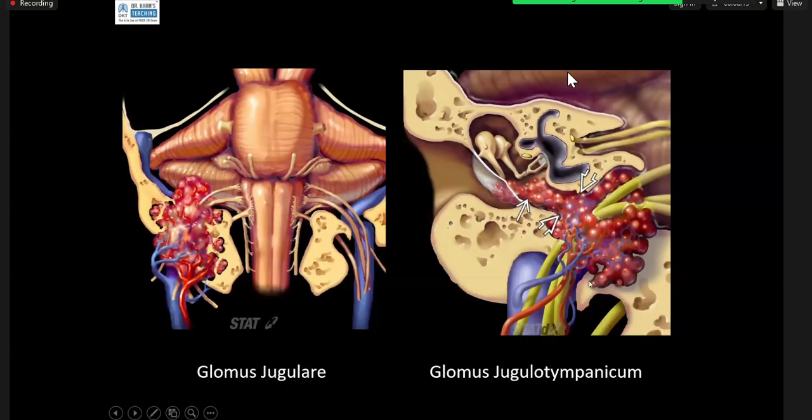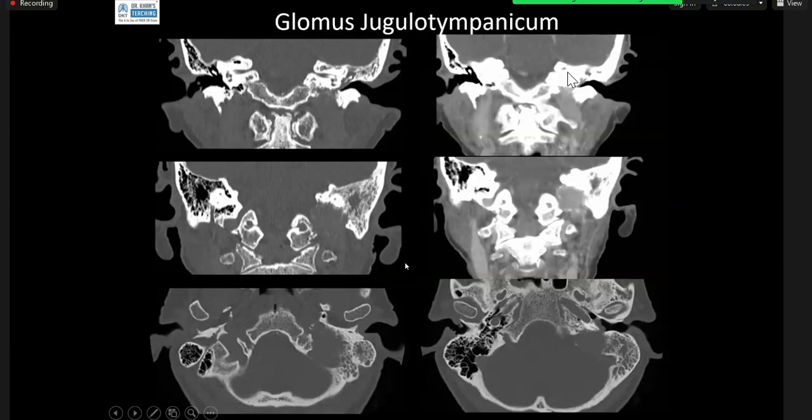Another picture showing you the similar thing. Key point to remember, on a CT scan, develop your eyes to see permeative bony destruction. They are slow growing tumors, they grow over years, but because of their vascularity, they cause permeative bony destruction like this.